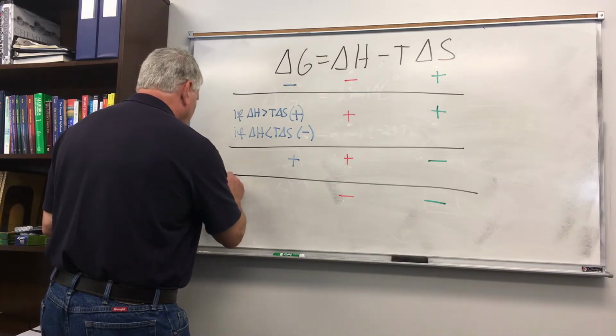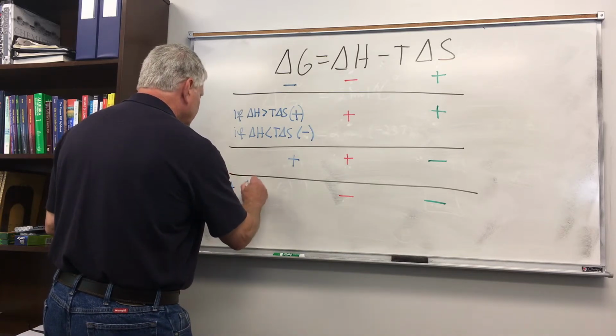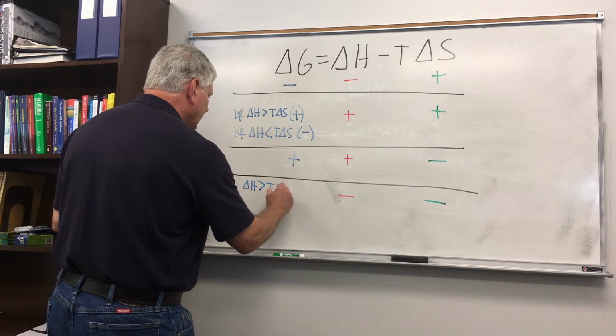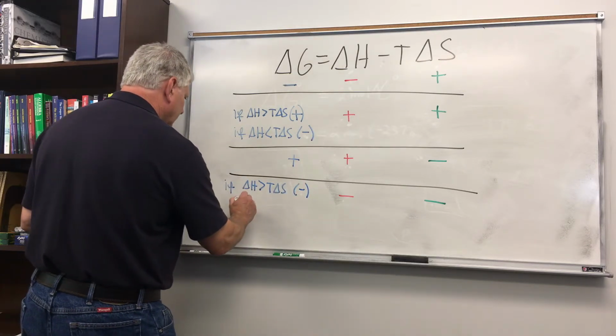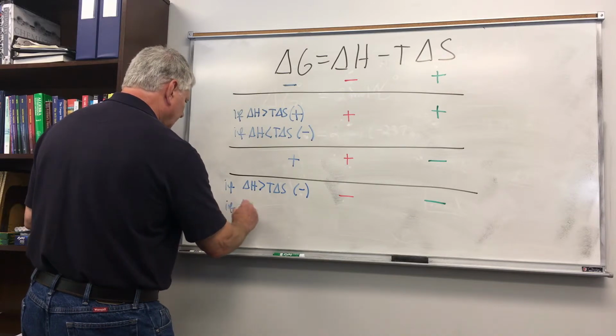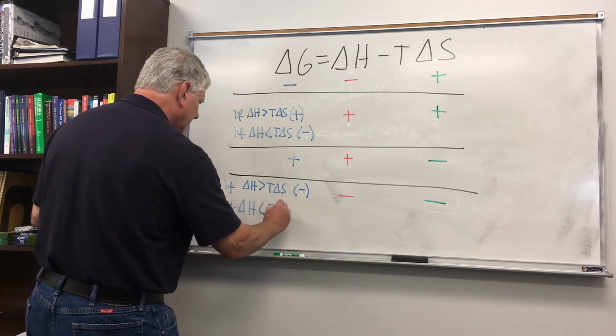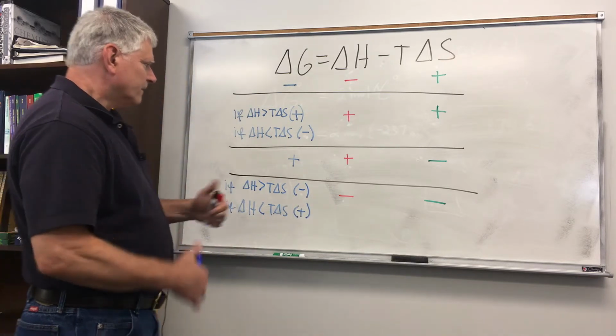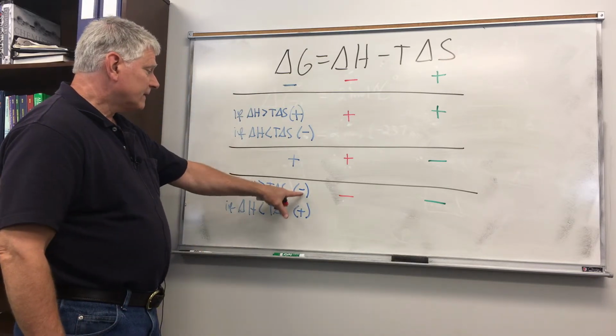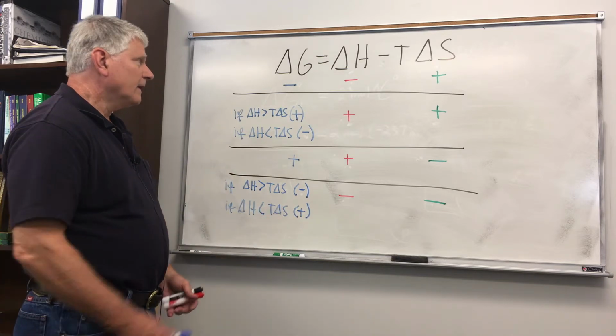So if delta H is greater than T delta S, delta G is negative, and if delta H is less than T delta S, then delta G is positive. So it's spontaneous in this case, not spontaneous in the other case.